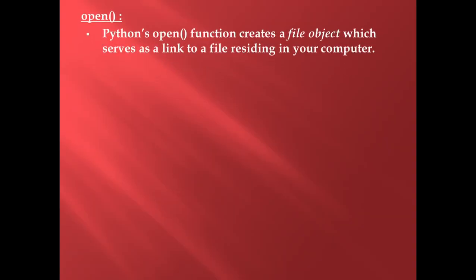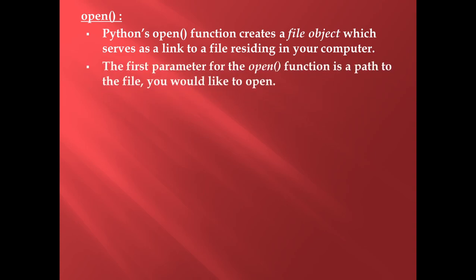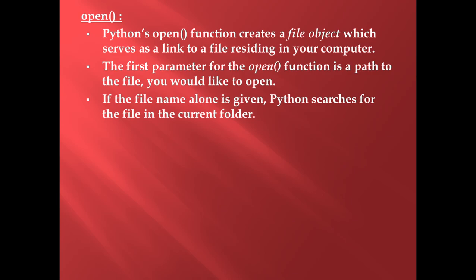The open function in Python creates a file object which will serve as a handle to the file residing in the computer. The first parameter for the open function is the path to the file that we would like to open. If we give the file name alone, Python searches for the file in the current folder in which we are working.